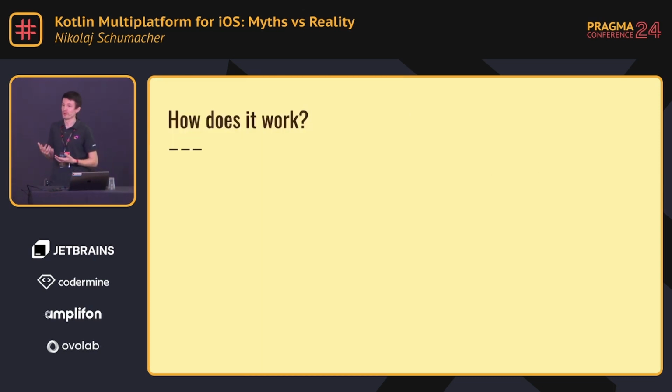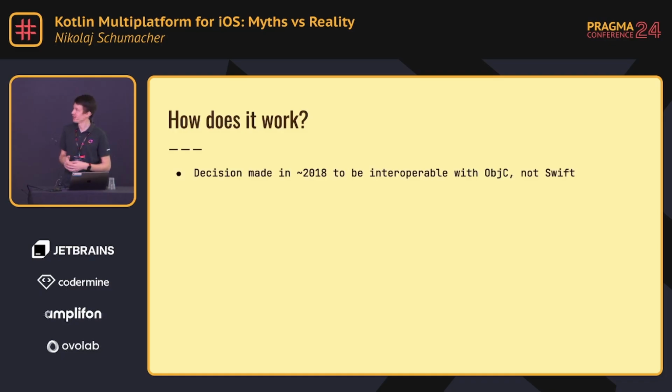So let's talk about how this works. Kotlin Multiplatform is actually quite mature. It started out in 2018, and back then Objective-C still ruled the world. Actually, Kotlin Multiplatform is interoperable with Objective-C and not directly with Swift.